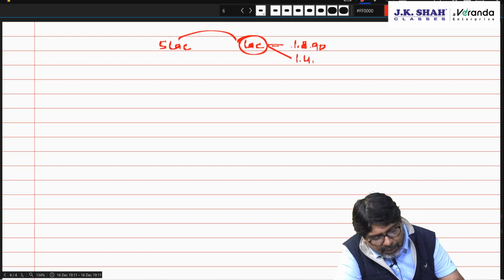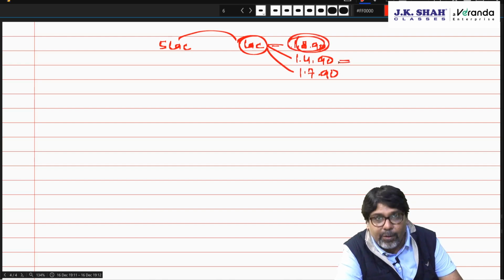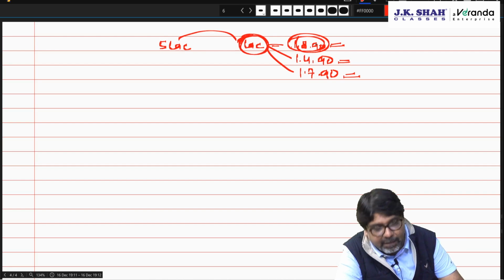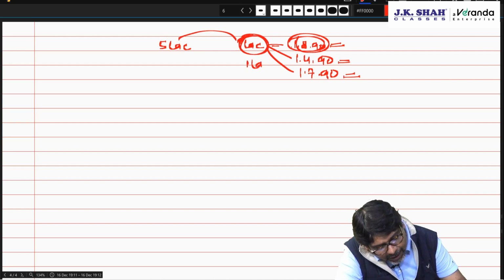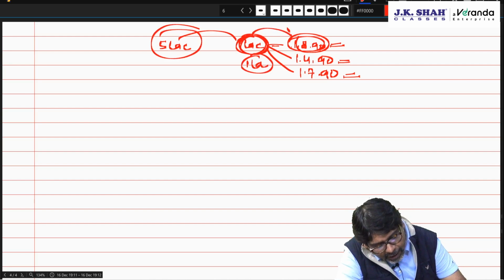Date of loan taken 1/4/90. Construction started on 1/7/90. You started using this money on 1/8/90. So from which date will you start capitalizing? 1/8/90. Date of loan taken, construction started, money started being spent. But how much did you spend? 1 lakh. Will we calculate interest on this 1 lakh or 5 lakh? 5 lakh, although you have used only 1 lakh.